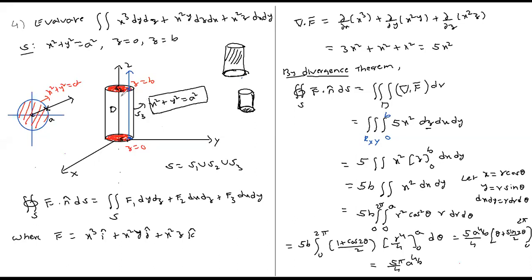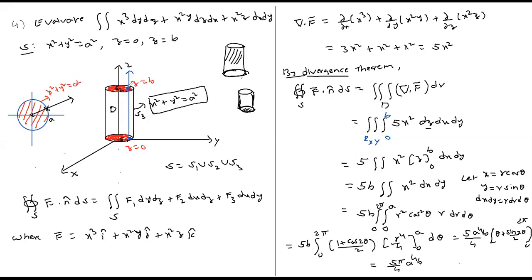Half of the cylinder is on the left side of the xz plane, another half is on the right side of the xz plane. With reference to the yz plane, the front half is above the yz plane, the remaining half is on the back side of the yz plane. So you cannot integrate on the whole surface directly.